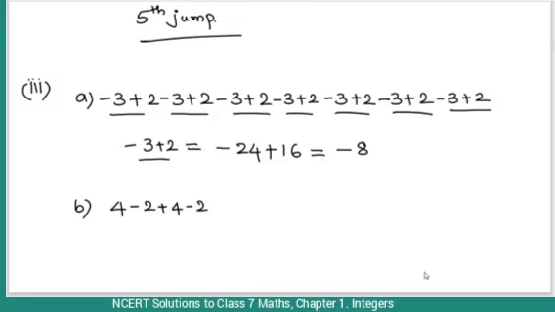And B, 4 minus 2 plus 4 minus 2 plus 4 minus 2 plus 4 minus 2, that is 16 minus 8, which is equal to 8.